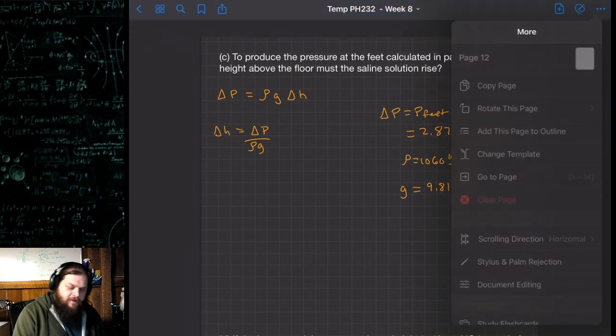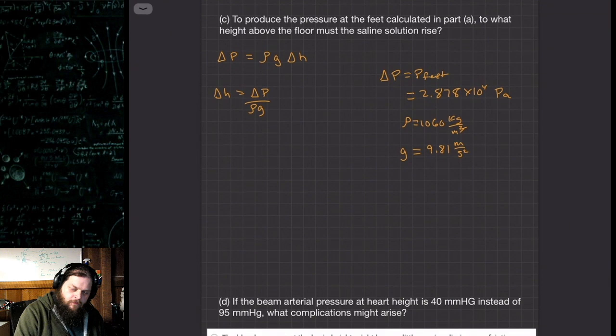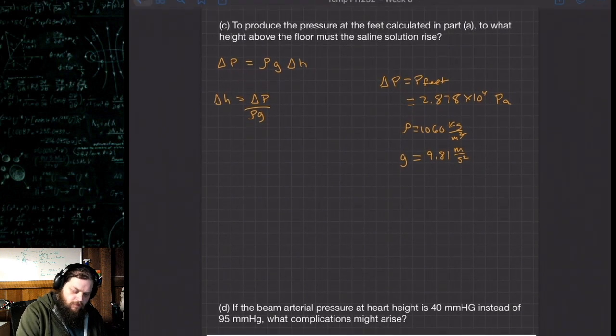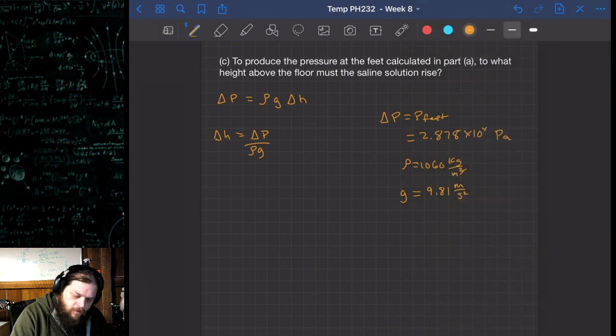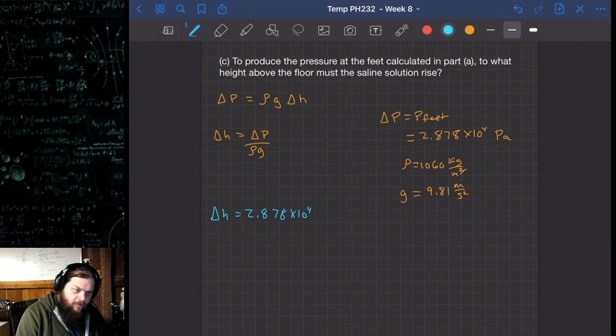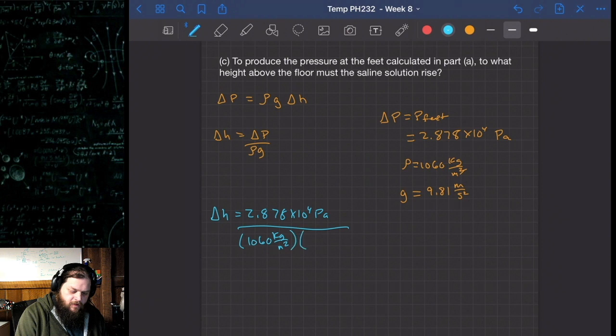Plugging those values in, there it is. We can say delta H is equal to 2.878 times 10 to the fourth pascals. That was our answer from part A. Divide that whole thing by 1060 kilograms per meter cubed, and then 9.81 meters per second squared.